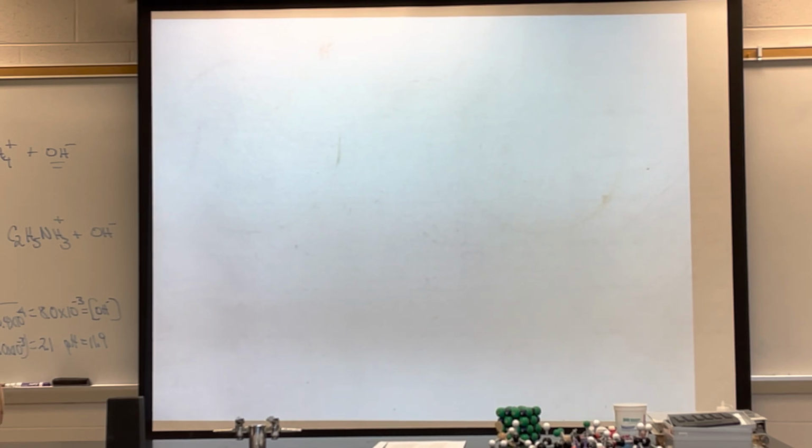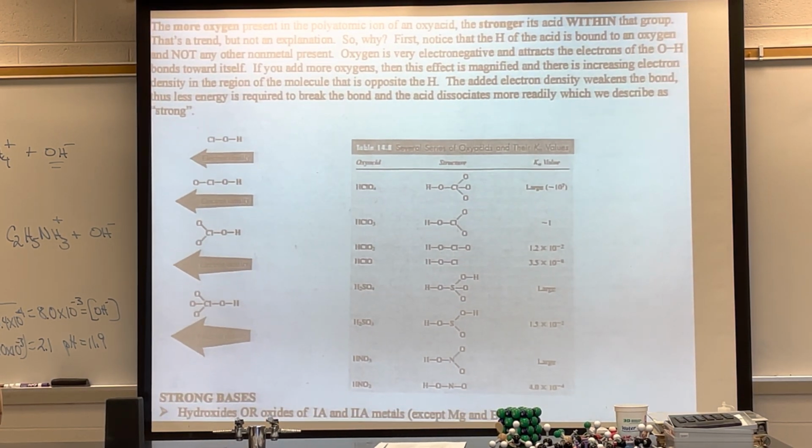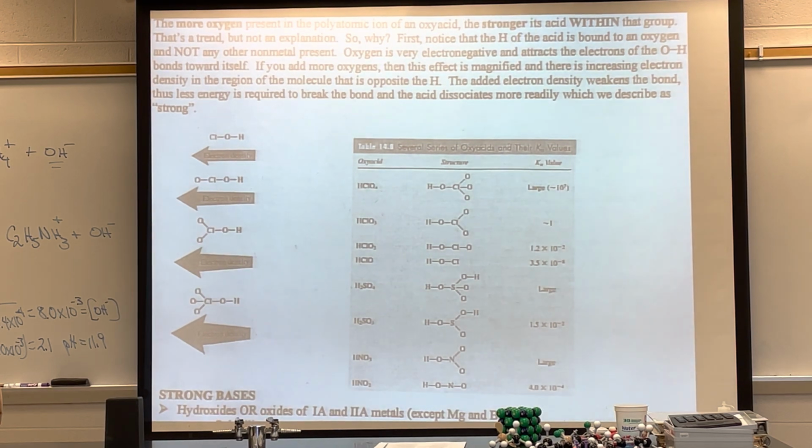Then we talked about what determines whether an acid is going to be strong or weak. For oxyacids, we had 2 factors. What were the 2 factors? The oxygen to hydrogen ratio and the electronegativity of the non-metal that the oxygen is attached to.